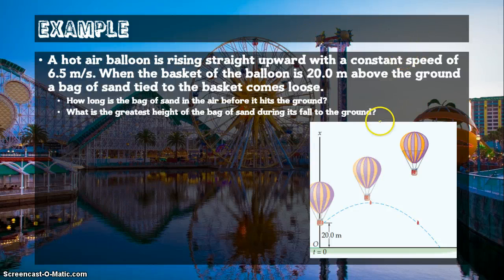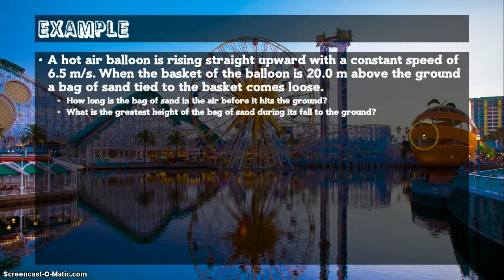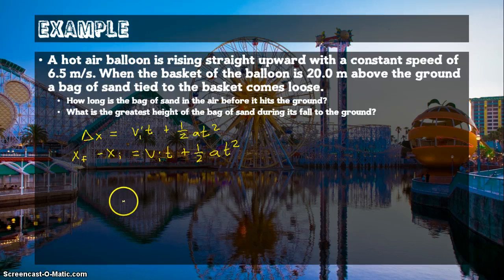Alright, so another way we could have looked at this. We know our delta x is equal to Vi t plus 1/2 a t squared, or in other words, my change in position is Vi t plus 1/2 a t squared. I just made this delta x my change in position, xf minus xi.